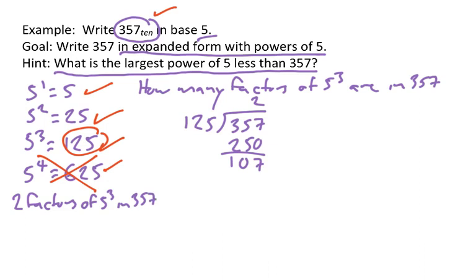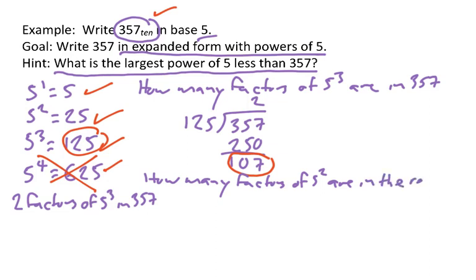No more. What we then can do is look at the remainder from this division and say, well, 5 to the third will not divide into that, but 5 squared will. So we ask ourselves, how many factors of 5 squared are in the remainder? Knowing that 5 squared is 25, how many times does 25 go into 107?